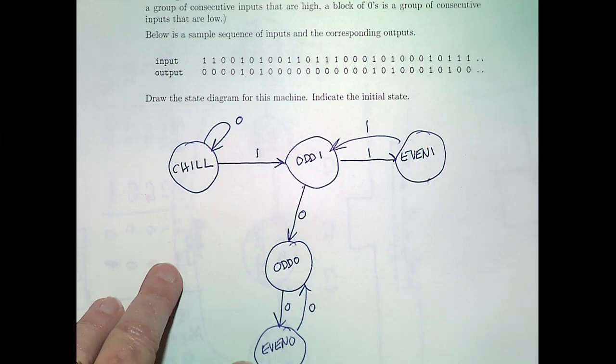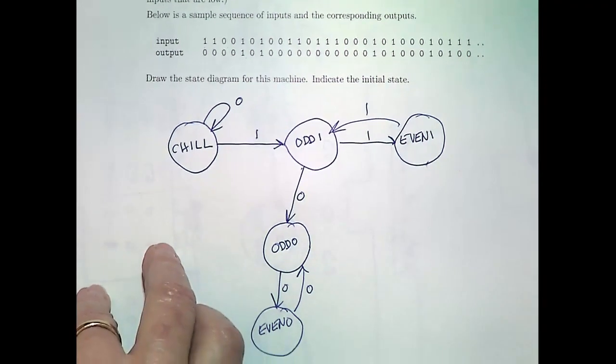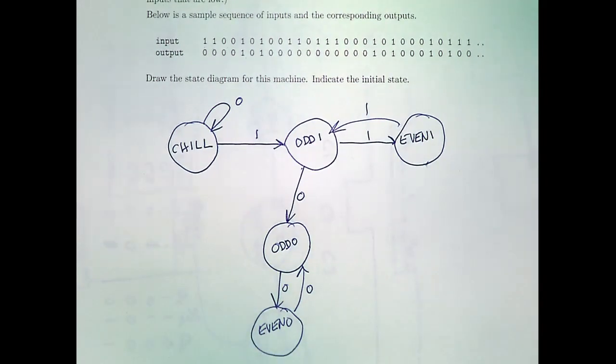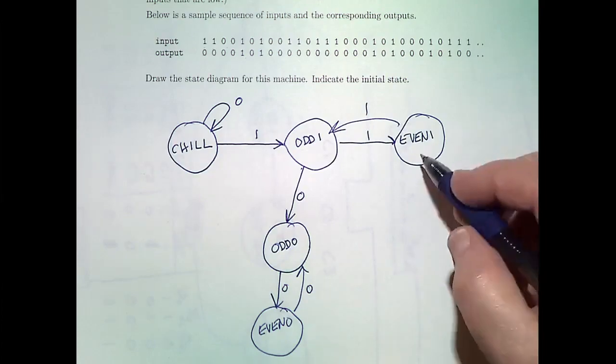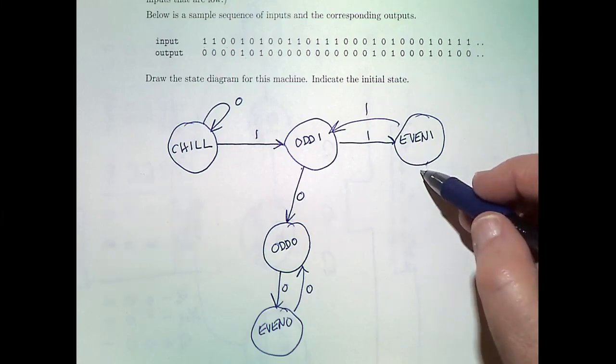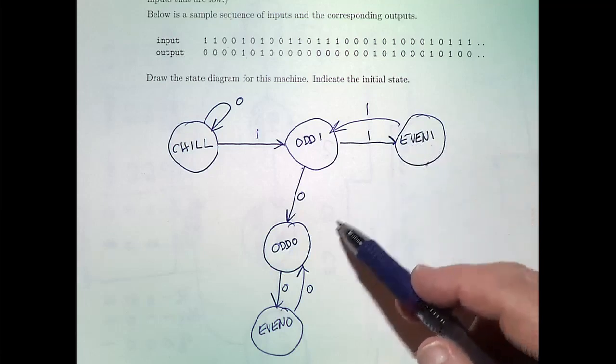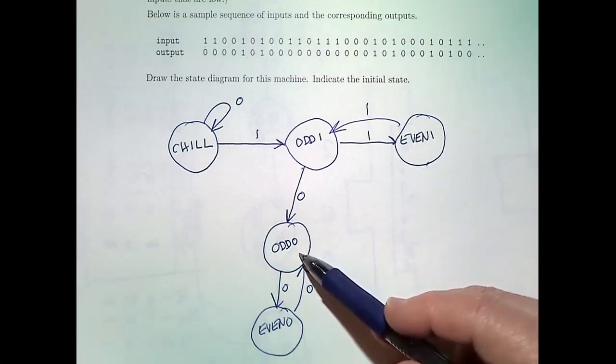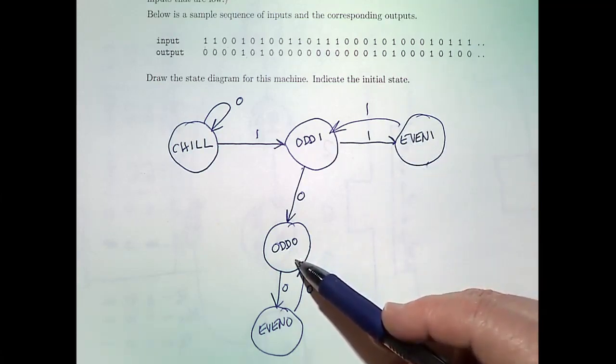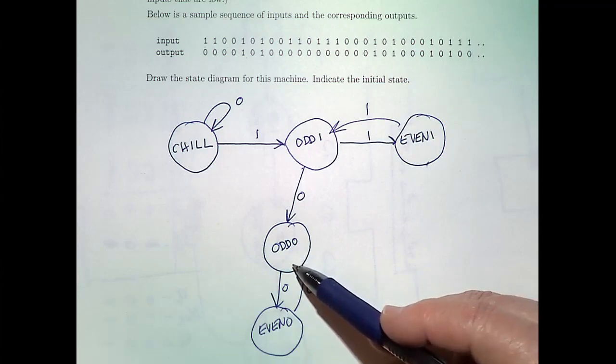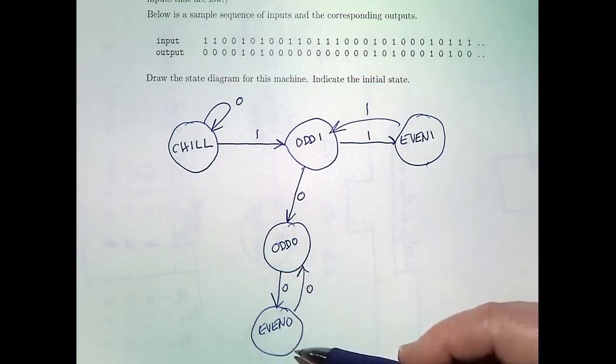Could you simplify this by making it 2 state machines? No, that's not simpler. If even 1 got a 0, would it also go to odd 0? Well, I could, but if I do that, I'm not going to remember whether I'm looking for an even block length of zeros or an odd length of zeros, right?